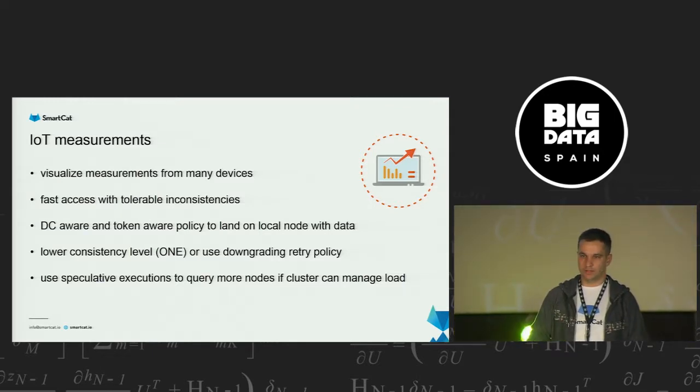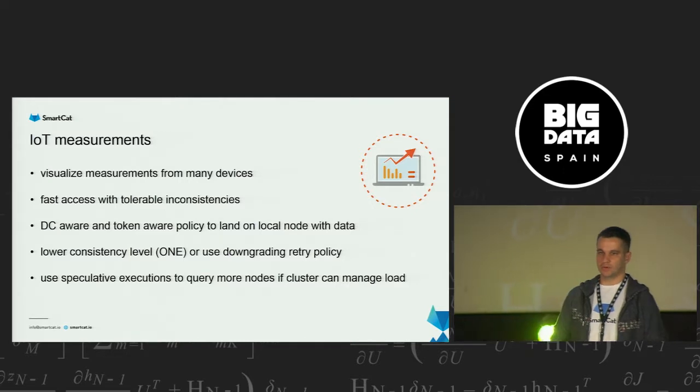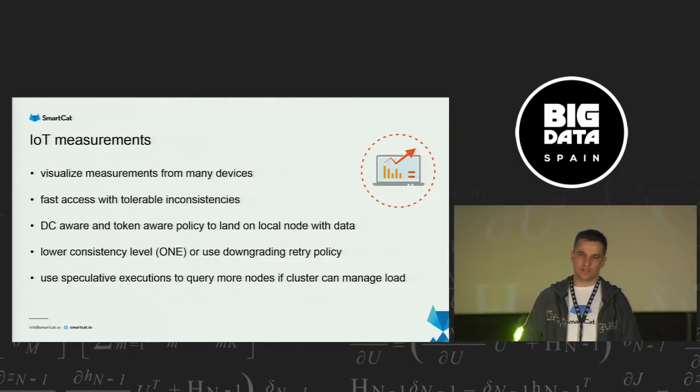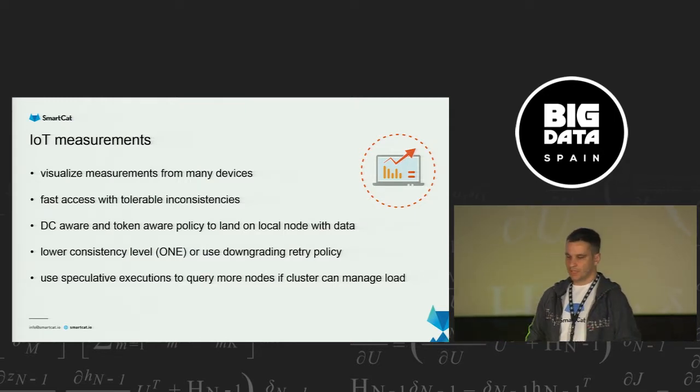So 1, or you can use a higher consistency level and add downgrading retry policies, as I mentioned before, because most of the times you will serve consistent data, but you can downgrade to 1 in case 2 nodes are down, so you are resilient.